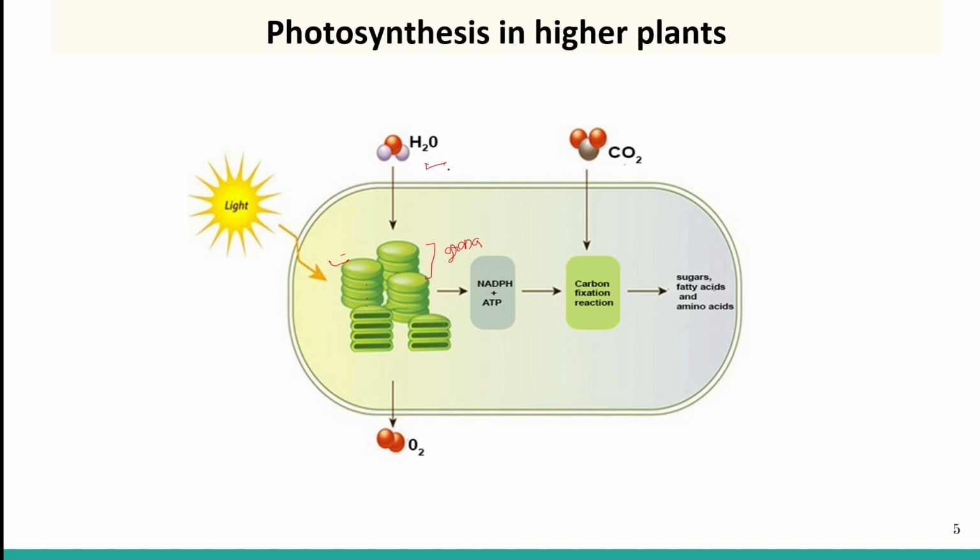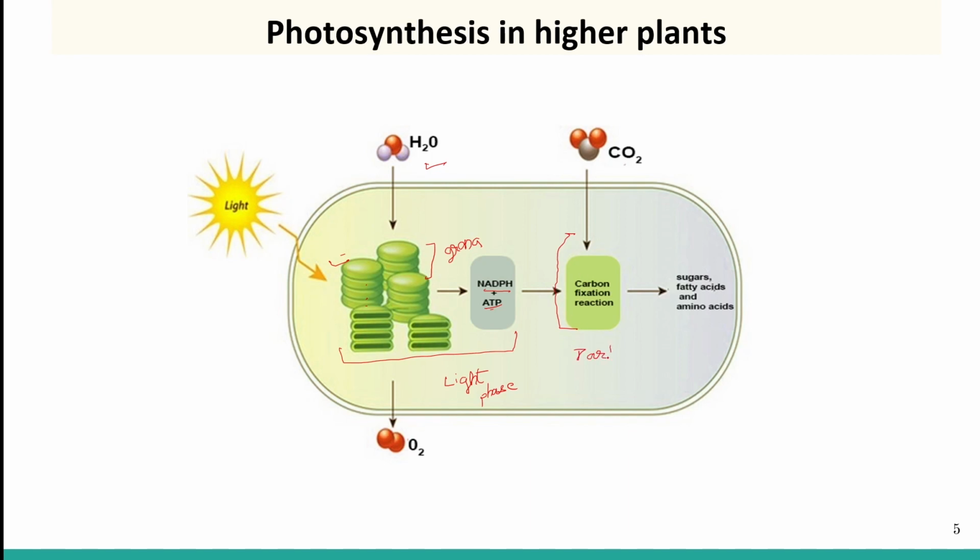Photolysis of water takes place here. ATP and NADPH are synthesized during light reaction, and this ATP and NADPH are used in the dark phase or the biosynthetic phase. So this one entire is the light reaction or the light phase, and from here we have this one.